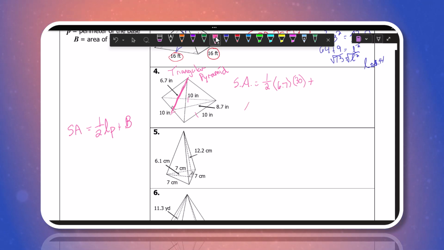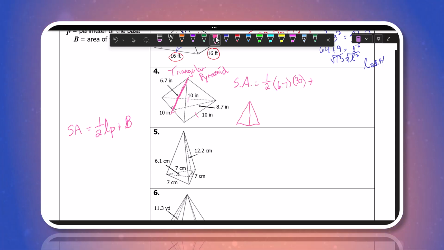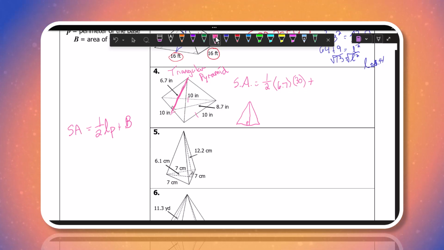Well, the base area, the base looks like this. We have a right angle there, so we know that's the height, and the base is what connects to it. So since each side is 10 and it's equilateral, when we split this down to make a right angle, both of these sides are equal, so they're both 5. And our height is 8.7.